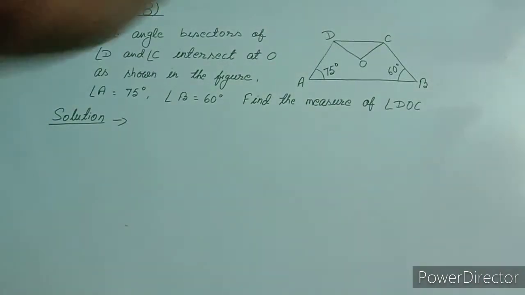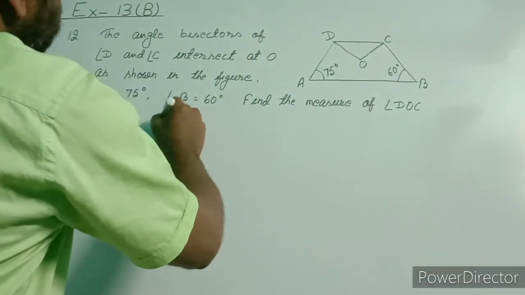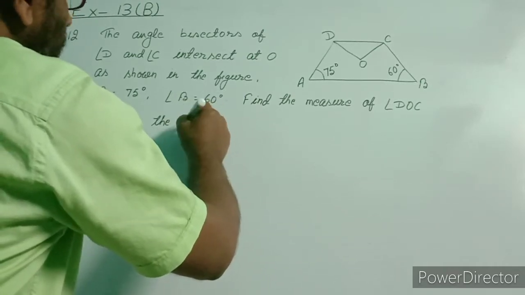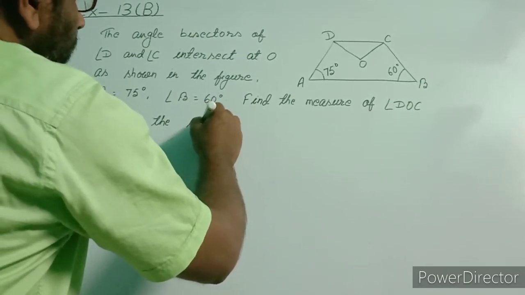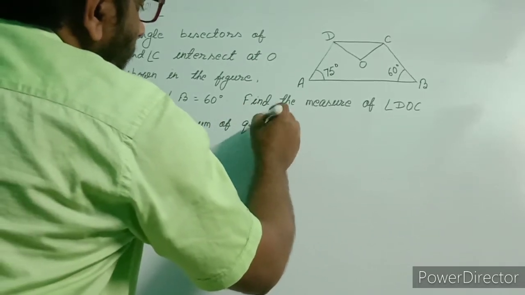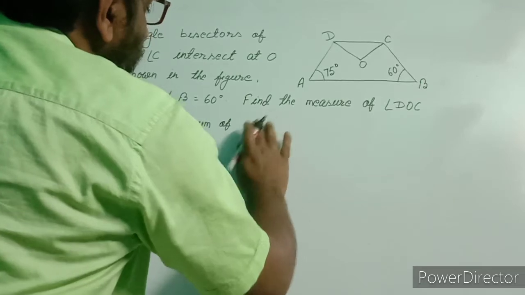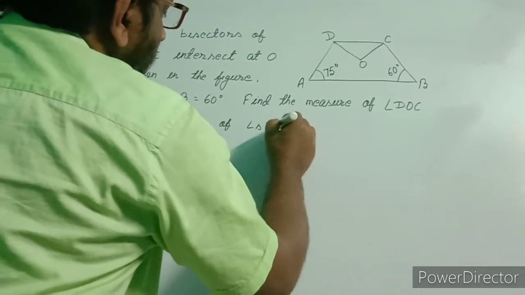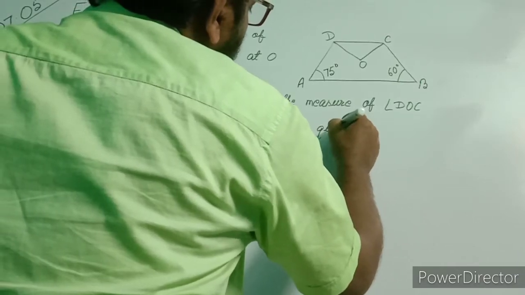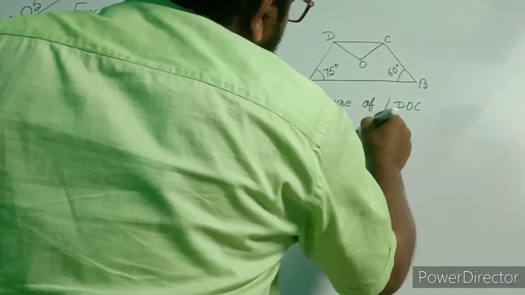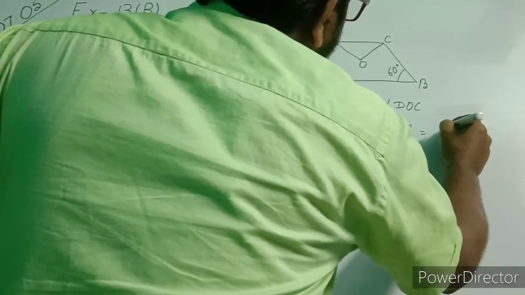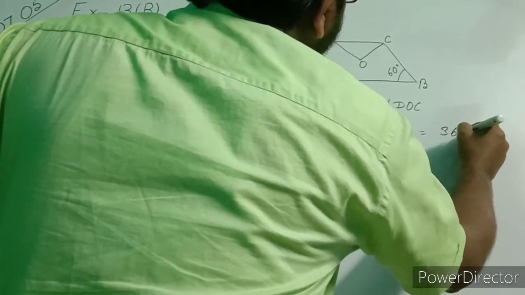So we know the sum of angles of a quadrilateral equal to 360 degree.